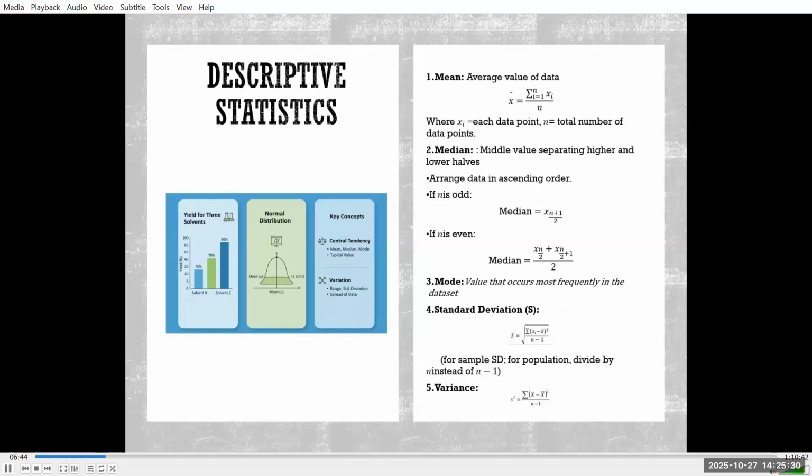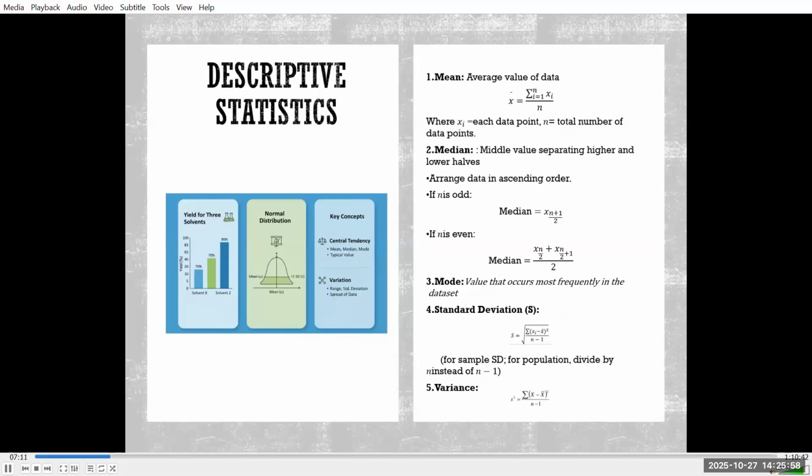The purpose of descriptive statistics is to simplify large data into a few understandable values, to describe the trends, patterns, and variations in the data, and to provide a snapshot of experimental results before deeper analysis like ANOVA or regressions.